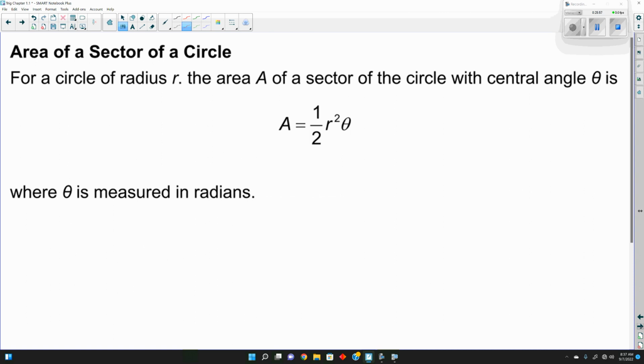And then we can also find the area of a sector using this. We've done this before because we did area of a sector in geometry, but we didn't see it in this form, because the main way we saw it was arc degree over 360 times pi r squared.